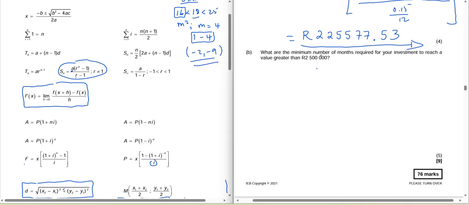What is the minimum number of months required for your investment to reach a value greater than 2.5 million?